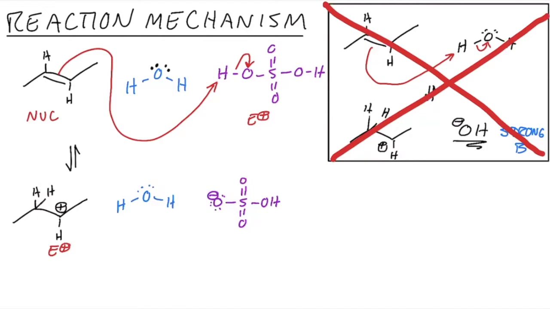The other thing to consider, which is maybe the more easy and direct thing that you should consider, is which one do we need to end up in our product, right? If we think back to the last reaction that we did, we had the X halide anion attack the carbocation, and it ended up in our product. So we have to think, do we want most of water to end up in our product, or do we want most of this to end up in our product?